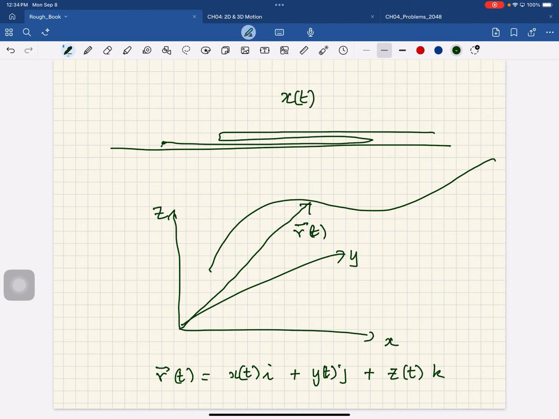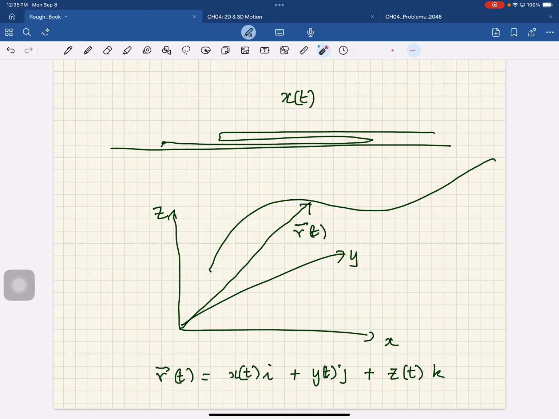So here is a 3-dimensional motion. If somebody gives you these 3 functions, they've described that 3-dimensional motion. If the motion occurs in 2 dimensions, for instance if you're not flying but driving, then all you need is these 2 functions.